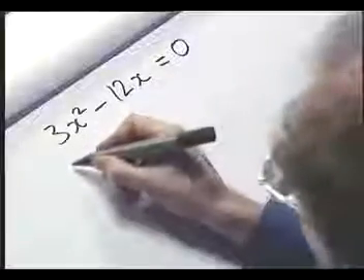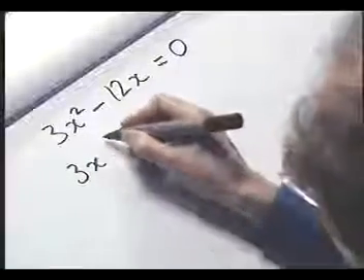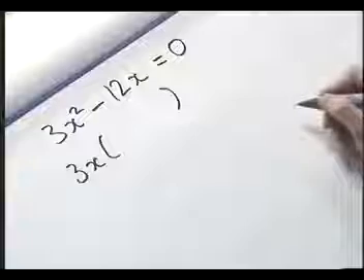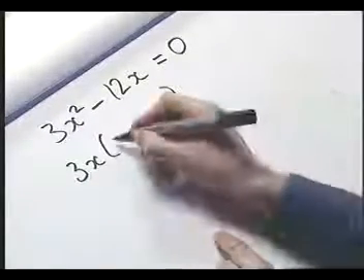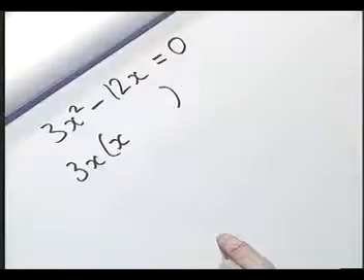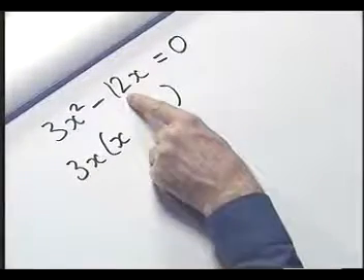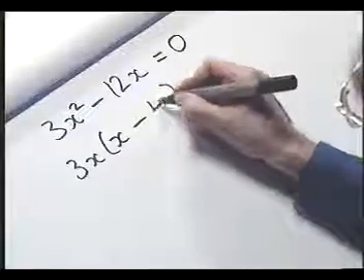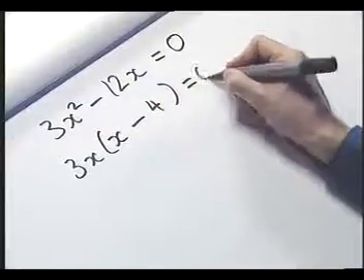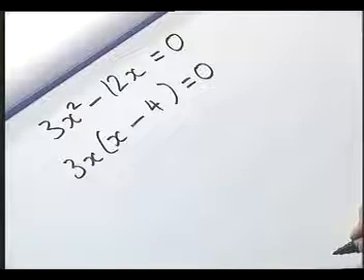So we can take out 3x as a common factor. 3x times something has to give us 3x squared, so that's got to be x, and 3x times something has to give us minus 12x, so that's got to be minus 4, and so that equals 0.